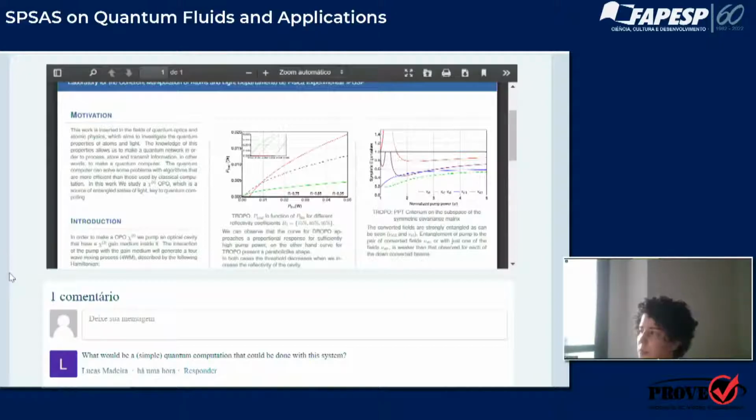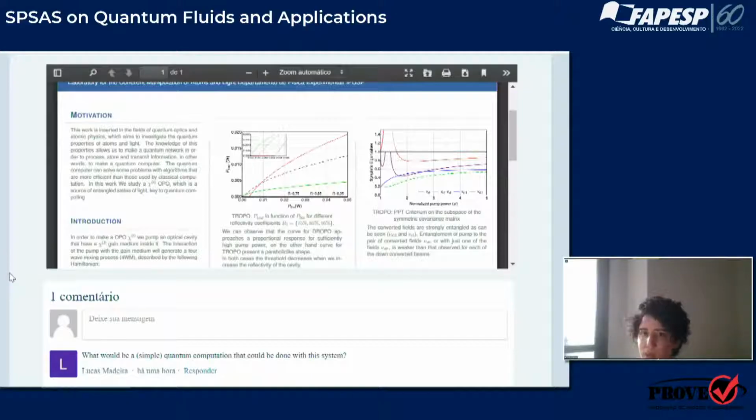We find, first we study just the symmetric bases, and we find that we have a stronger entanglement between signal and idler, and we also have entanglement in the pump, but it's a little bit less.